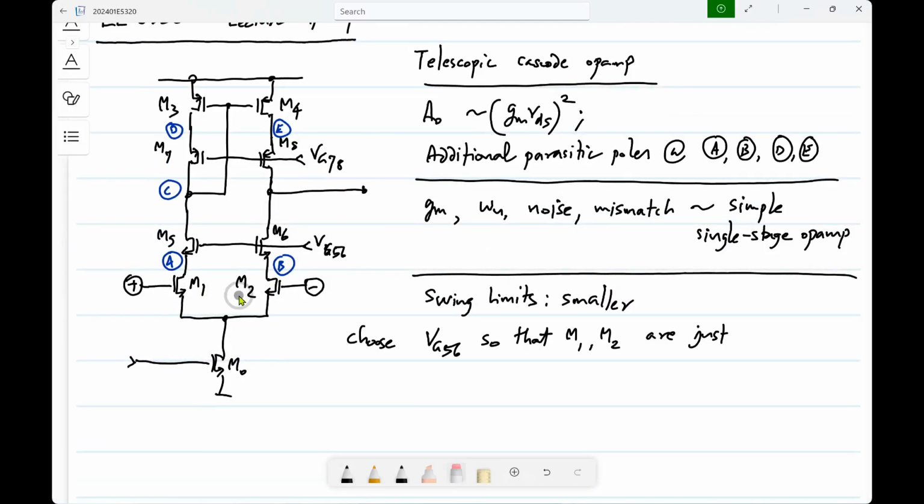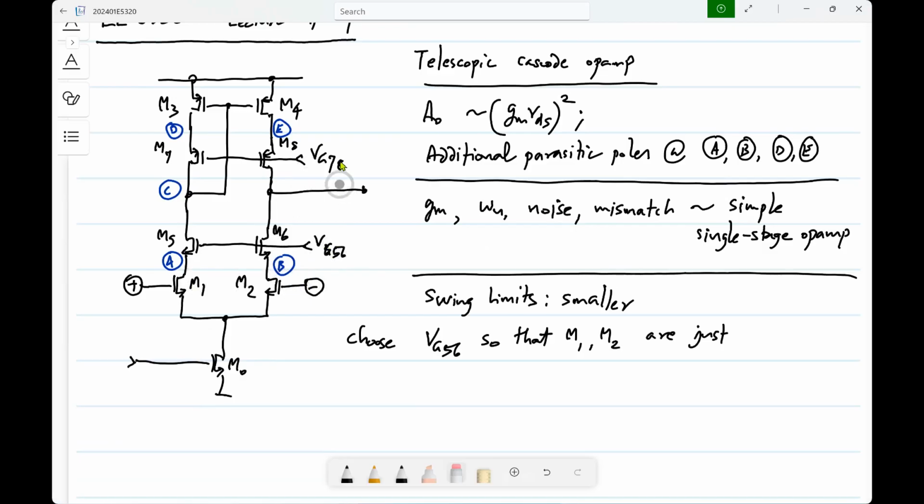And of course, if you choose VG56 to be too high, then your lower swing limit will have to go up. Because the output node can come to, what is the lowest it can come to? VG56 minus VT, right? So for swing limit, you have to keep this as low as possible, but you don't want to make it so low that M1 and M2 go into the triode region.